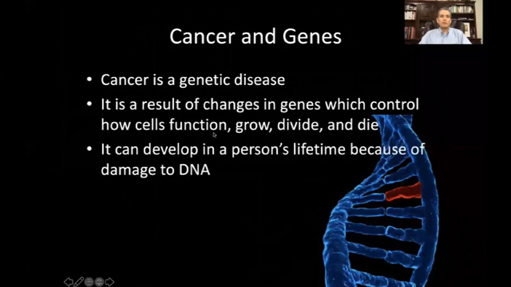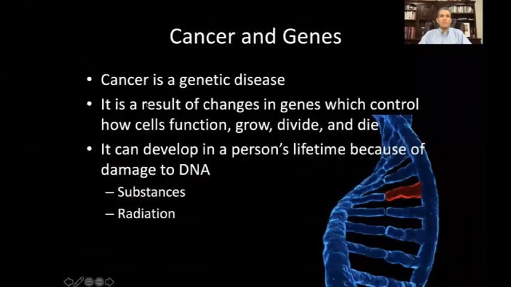So if you have a gene that controls how the cells function, how much activity they're going to have, and there's a mutation in that cell that does not allow the cell to slow down and just continues at high function, it's almost like getting the gas pedal on the car stuck and you can't turn it off.